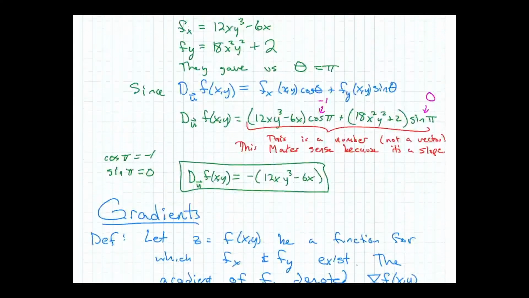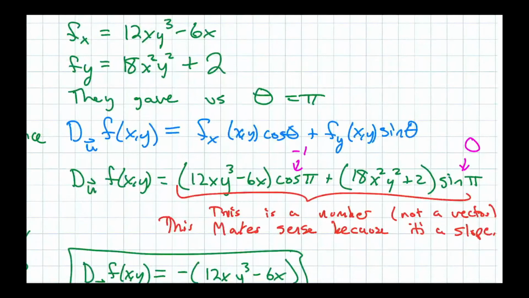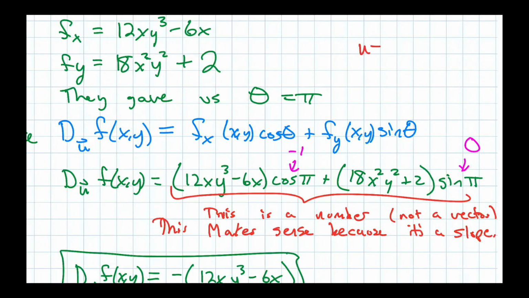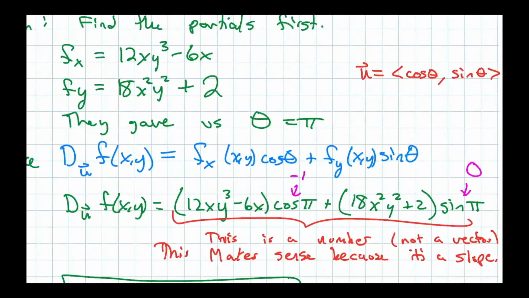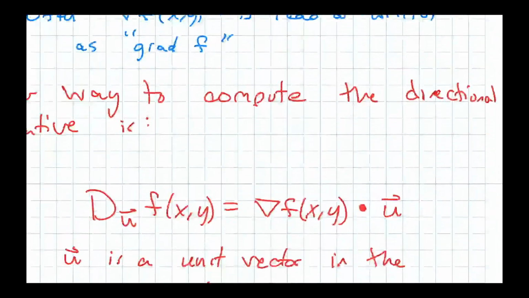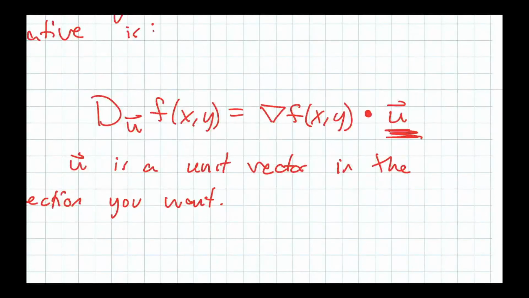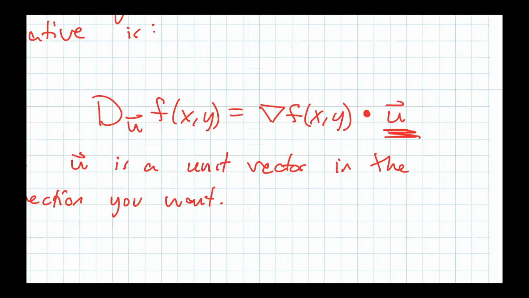The formula that we have up here is pretty convenient when you're given the theta, because you just put in the theta, cosine theta, sine theta. But actually, if you write u equals cos theta, comma sine theta, that is a unit vector. And if you just take this right here and you put it right here, then that's how you get that formula.